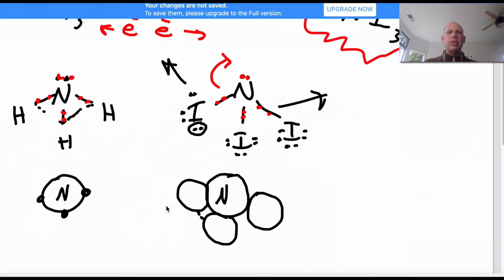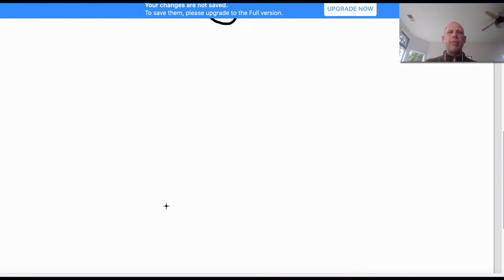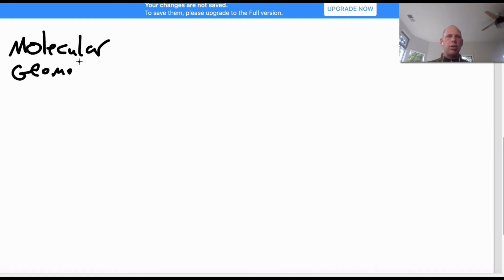Because there's not a set place in your notes to write this down, I'd like you to just find somewhere blank in your packet, and we're going to make a little table. So in this table, we are going to have molecular geometry as one column.